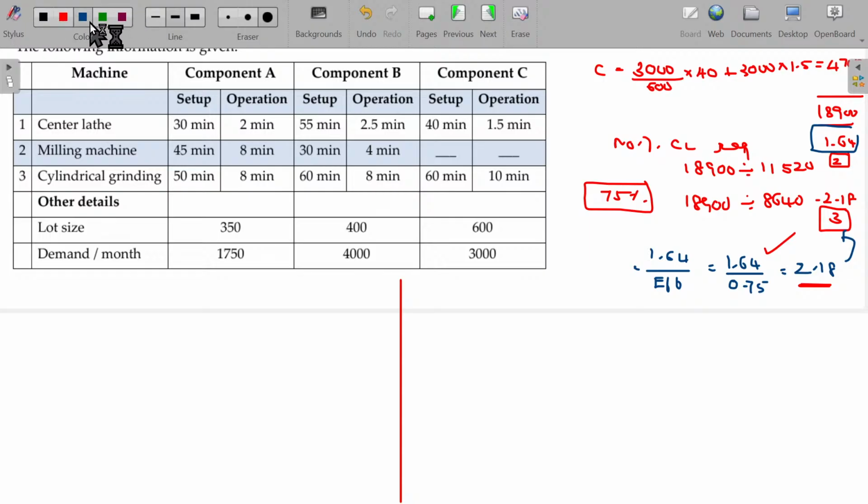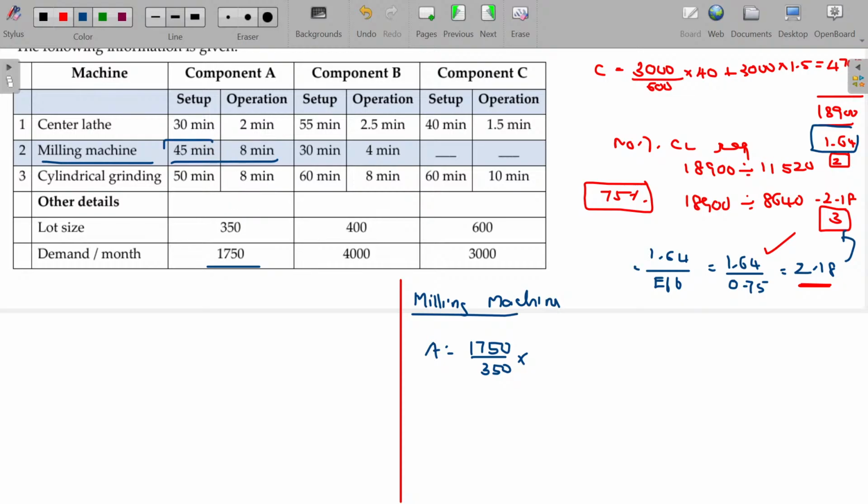Okay. In case of a milling machine, for manufacturing component A, 1750 units to be manufactured. Every setup will be capable of producing 350 units.